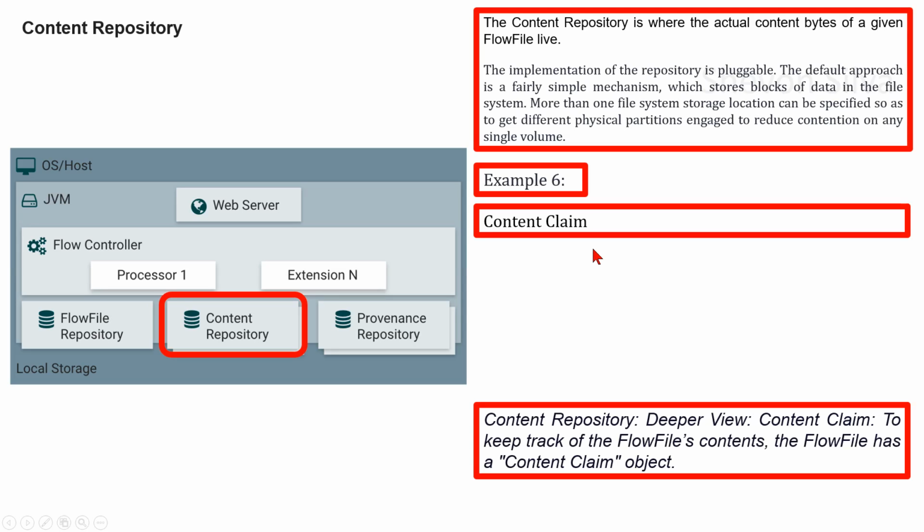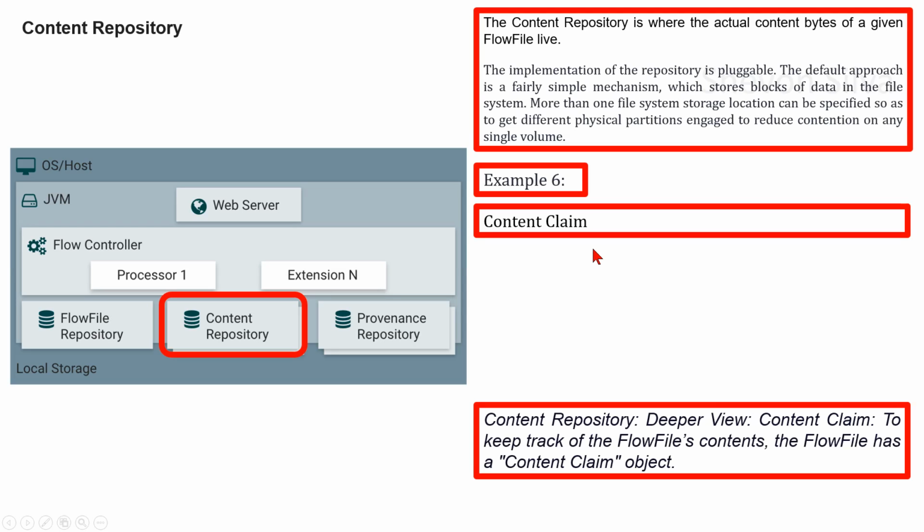This is done so that NiFi can take advantage of multiple physical partitions in parallel. NiFi is then capable of reading from and writing to all of these disks in parallel, in order to achieve data rates of hundreds of megabytes or even gigabytes per second of disk throughput on a single node. Resource claims are Java objects that point to specific files on disk.